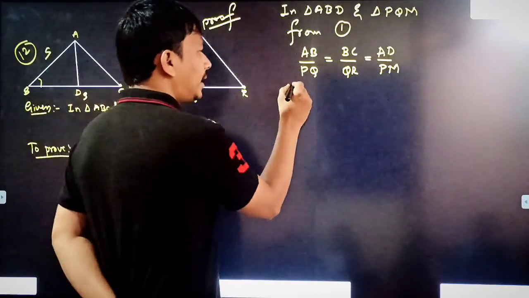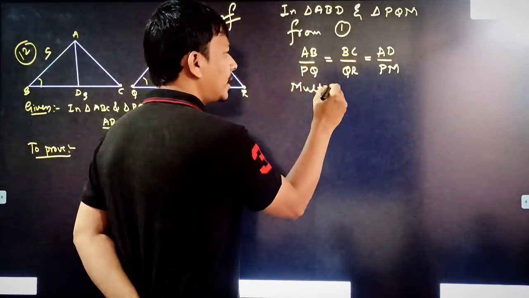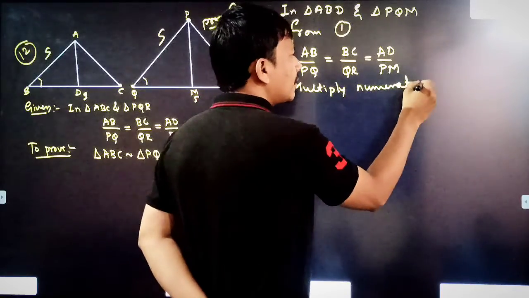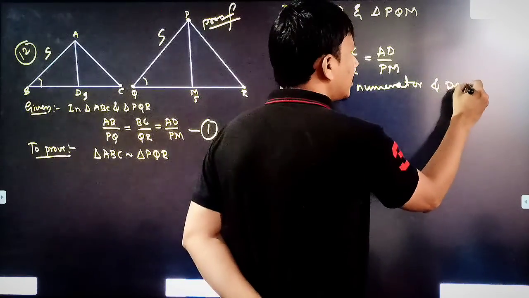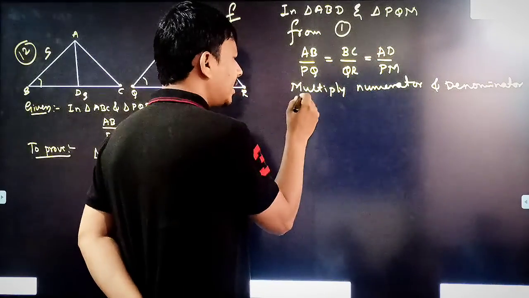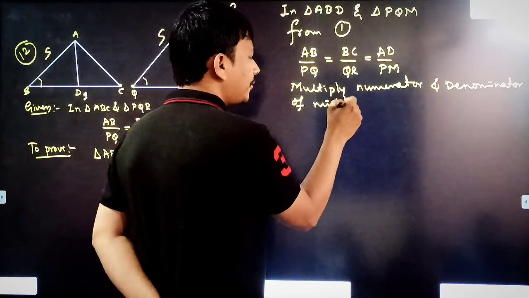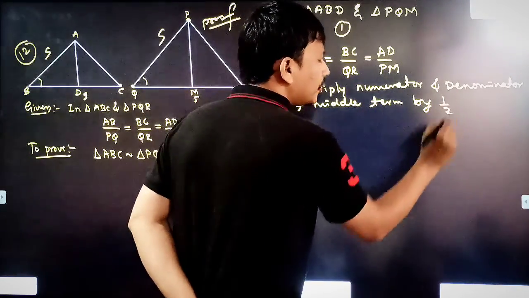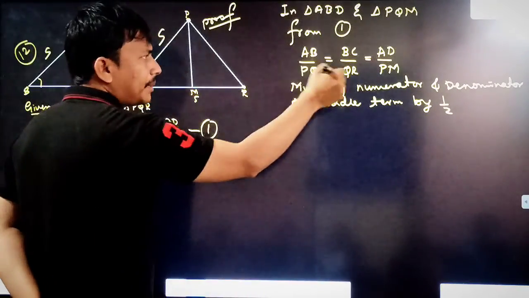Multiply the numerator and denominator of the middle term by 1/2, the middle term only.